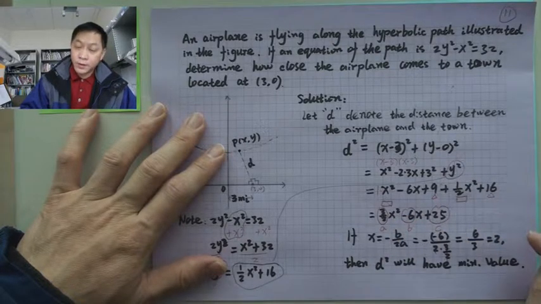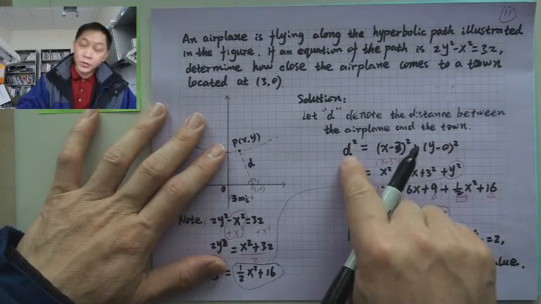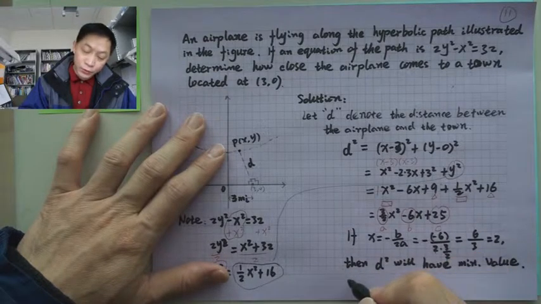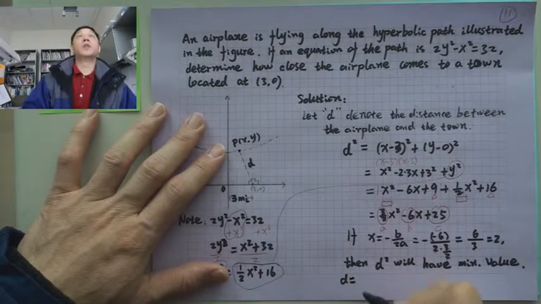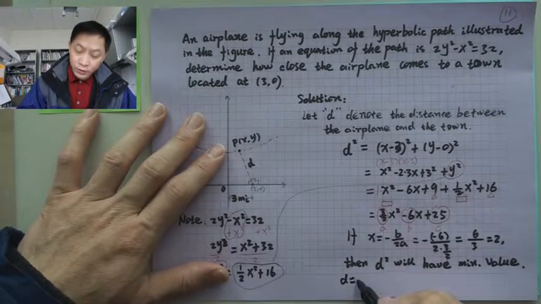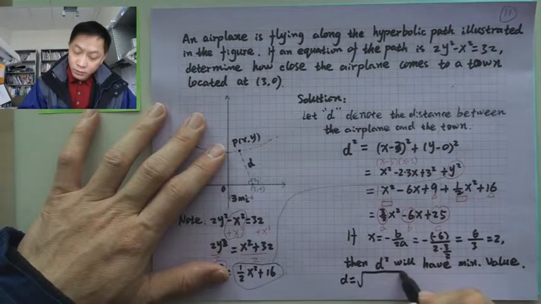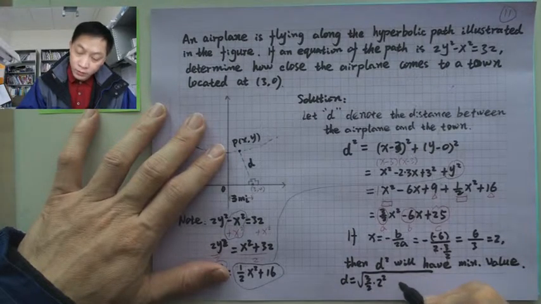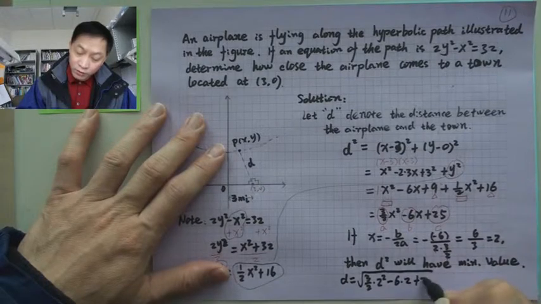What we get is actually the distance squared, but we don't need distance squared, we just need distance, so you take the square root. Then d equals the radical of 3/2 times 2 squared, minus 6 times 2, plus 25.